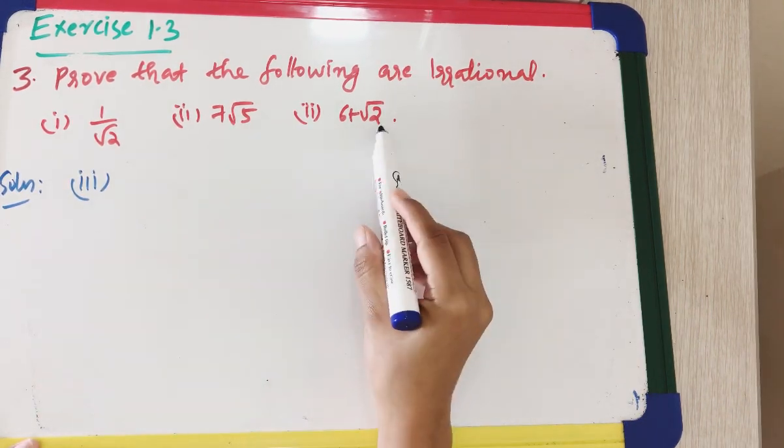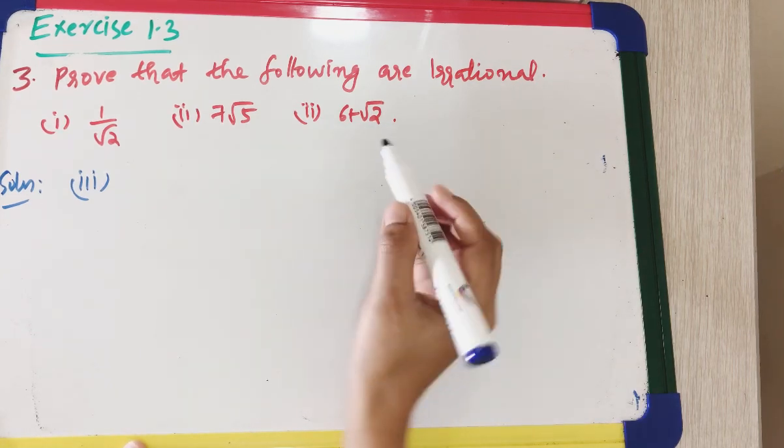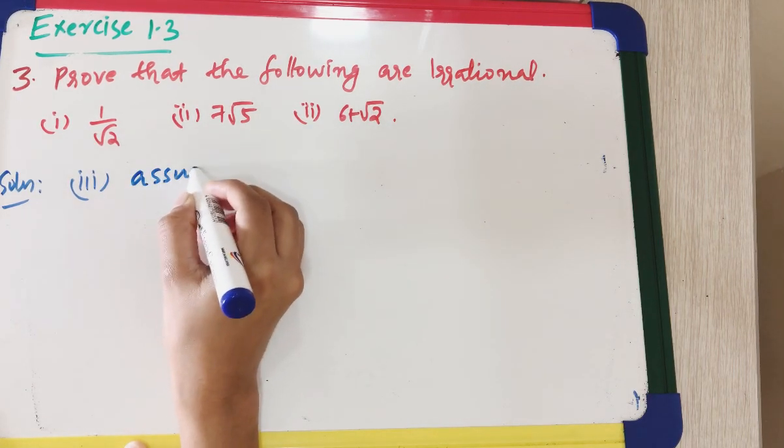Last one, to prove 6 plus root 2 is irrational, assume the contrary. 6 plus root 2 is rational.